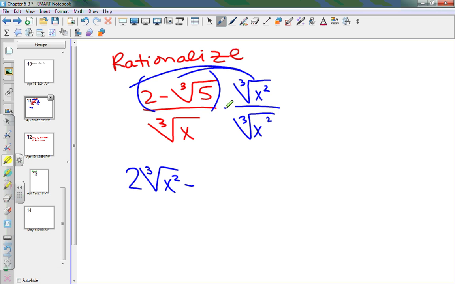Yeah. Since my indexes are the same, I can marry the radicals together. So what is 5 times x squared? 5x squared. So that's going to give you the cube root of 5x squared all over. How many x's do I have down there now? 3.